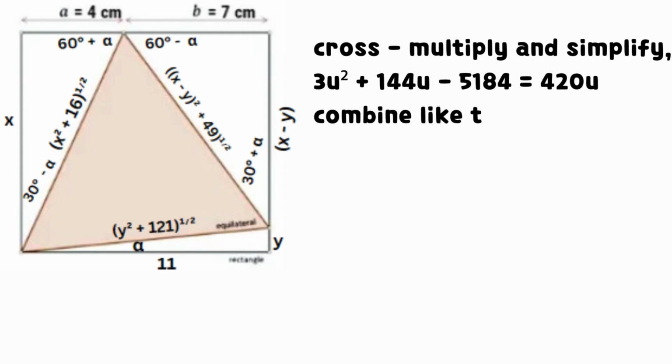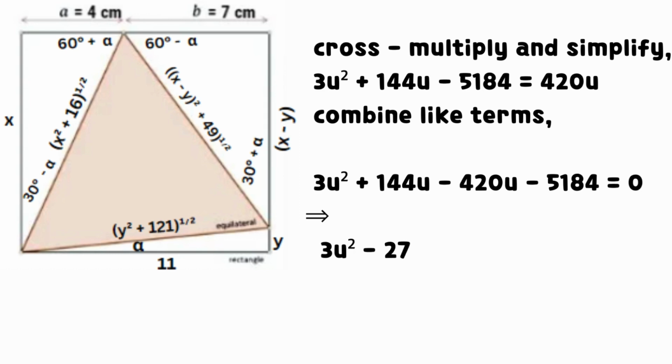Cross multiply, simplify, and we have a quadratic equation in u as shown on the screen. Combine like terms, simplify further, and we have the product of 3 and the square of u minus 276 times u minus 5184 equals 0.